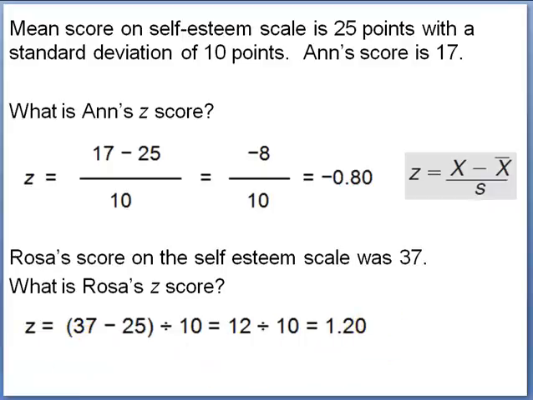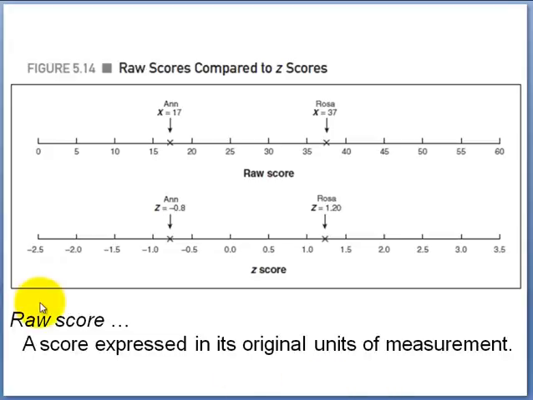Her z-score is 1.20, and her score is 1.2 standard deviations above the mean. This slide shows you Anne's and Rose's scores and their z-scores. And you can see that Anne's score was lower than Rose's, and to just the same degree her z-score is lower than Rose's z-score.